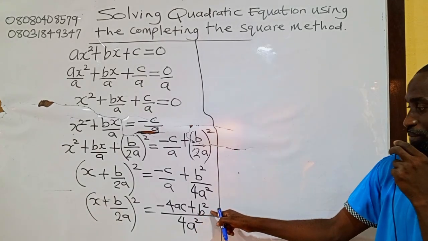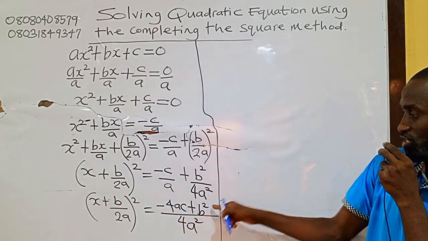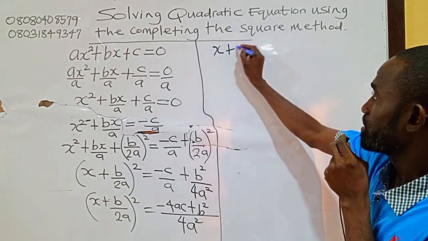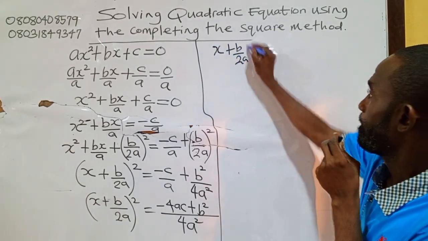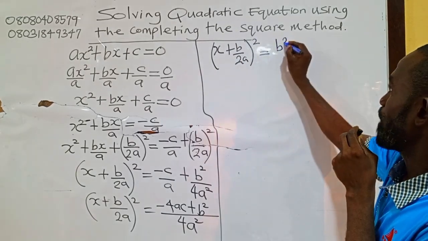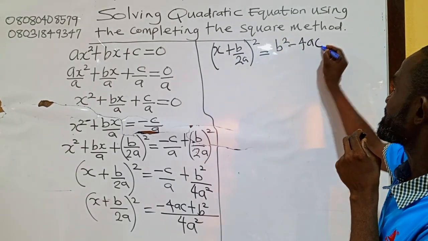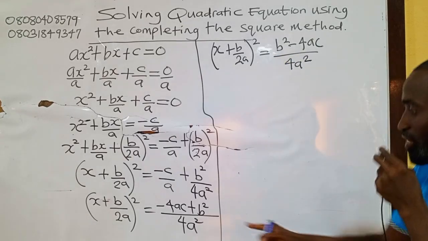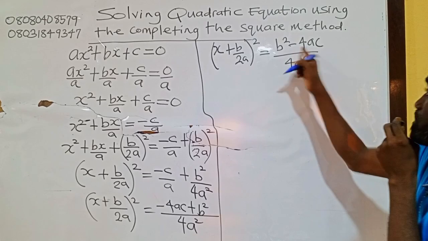I can rearrange this: the square should come forward, minus 4ac should come backward. So I can have x plus b all over 2a, all squared, equals b squared minus 4ac all over 4a squared. I can rearrange, b squared come forward, minus come to the back.